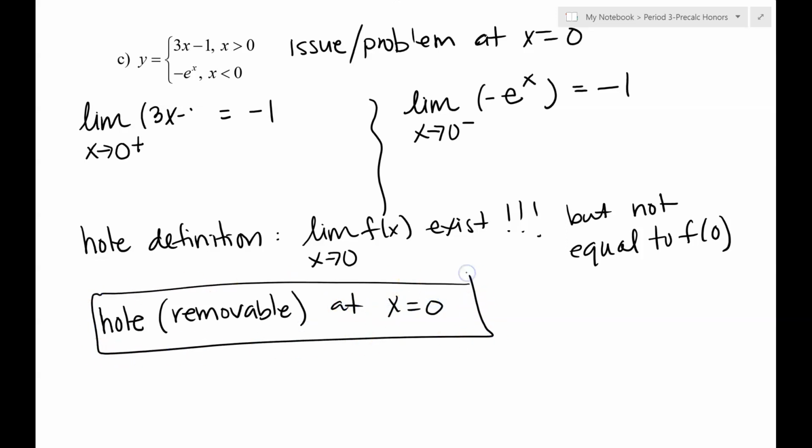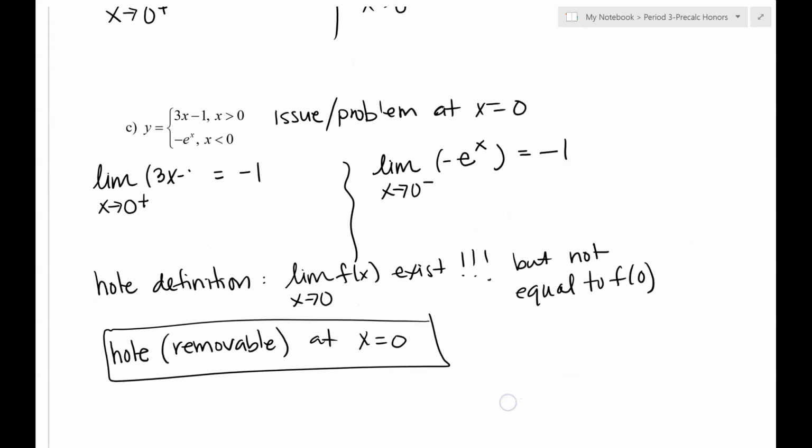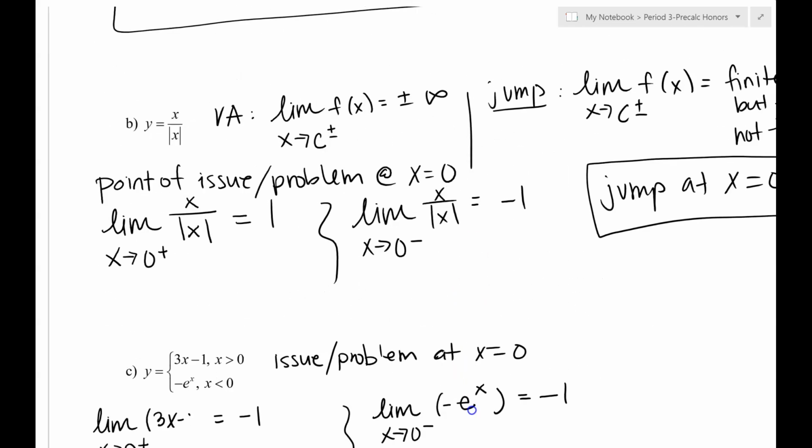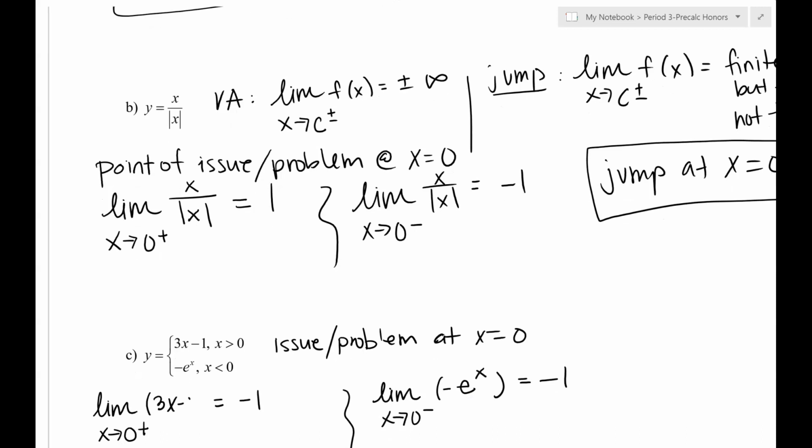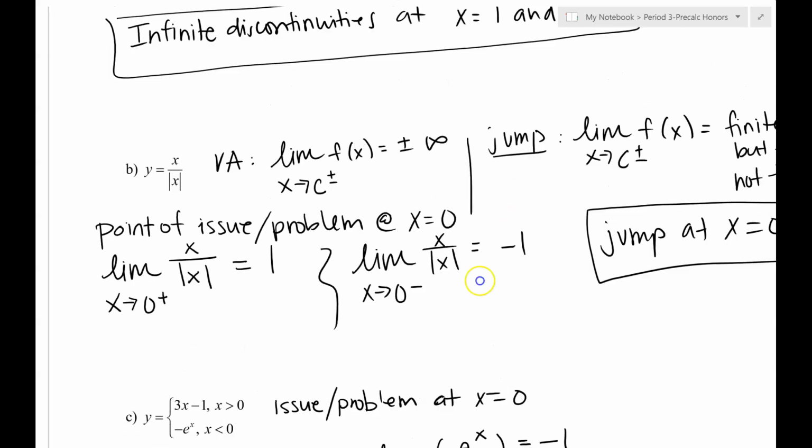Okay, so let's just recap really quickly. Oscillation is a type of discontinuity. A hole is a removable discontinuity when the limits exist, but it does not equal its algebra value. You're also going to have the jump. The jump is when the left and right limits exist, they just don't equal each other.